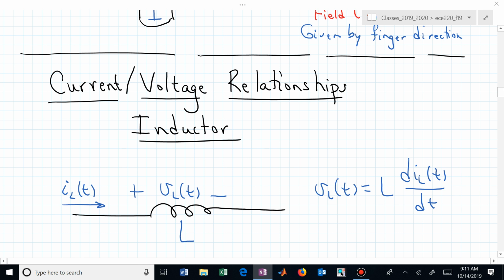But once we start getting these differential relationships, when we start writing our KCL and KVL equations, we will have differential equations and not algebraic equations, which is why you studied the differential equations class. We now will start having to solve differential equations when we have inductors and capacitors in our circuit.